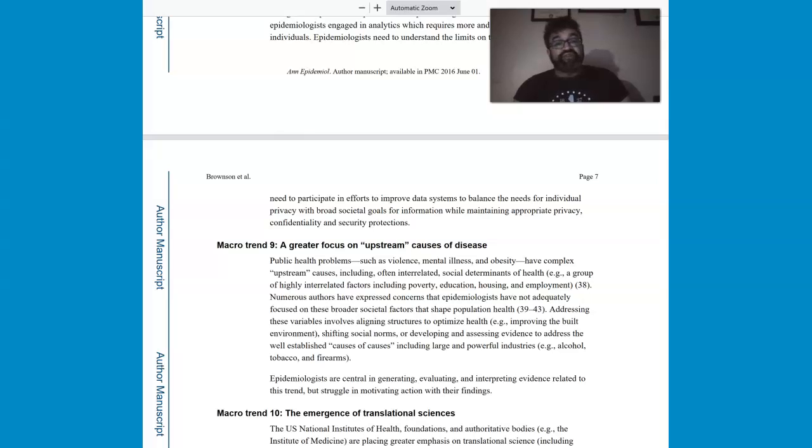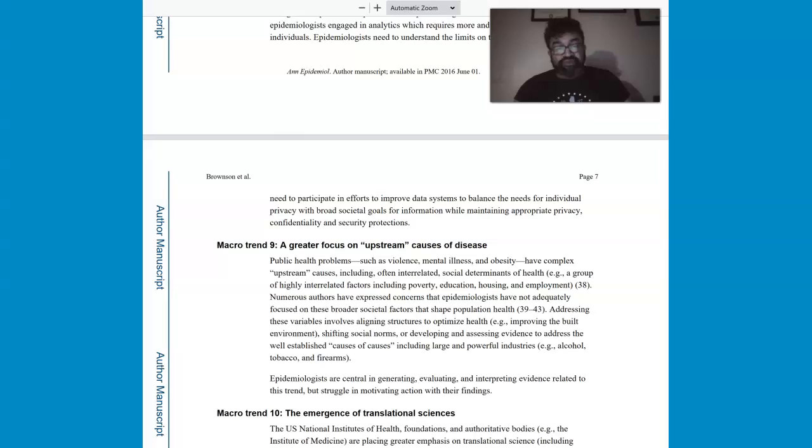Macro trend number 9, looking at upstream factors. Mental illness, obesity, violence, all of these have upstream causes. Many times they're interrelated. Social determinants of health, maybe it's poverty, maybe it's education, maybe it's both.